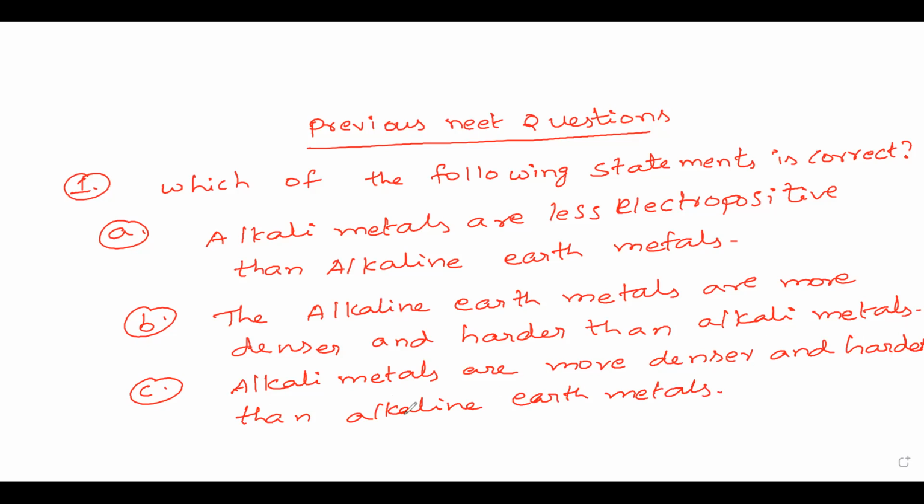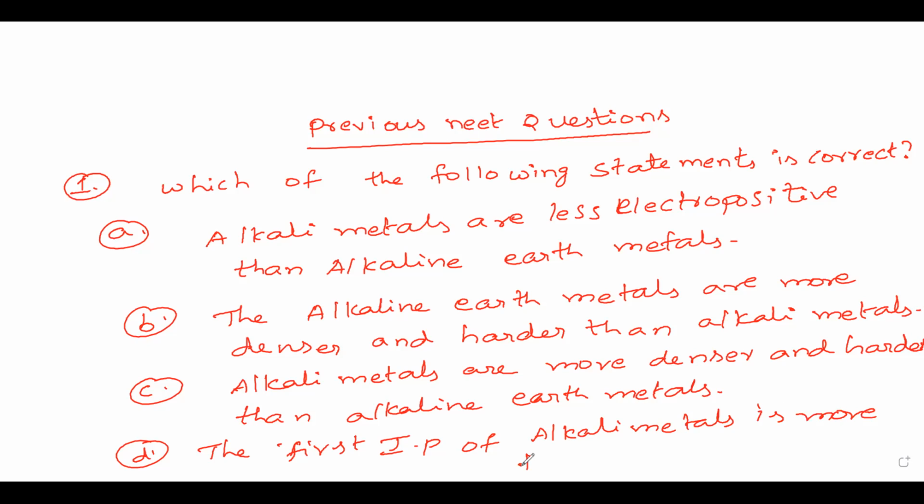And fourth option, the first ionization potential of alkali metals is more than that of alkaline earth metals.